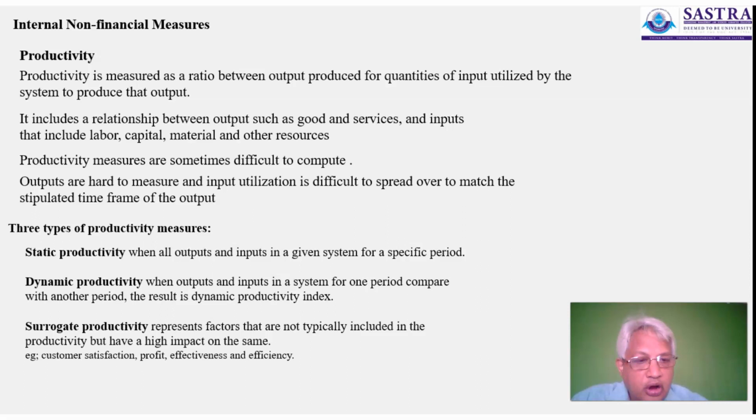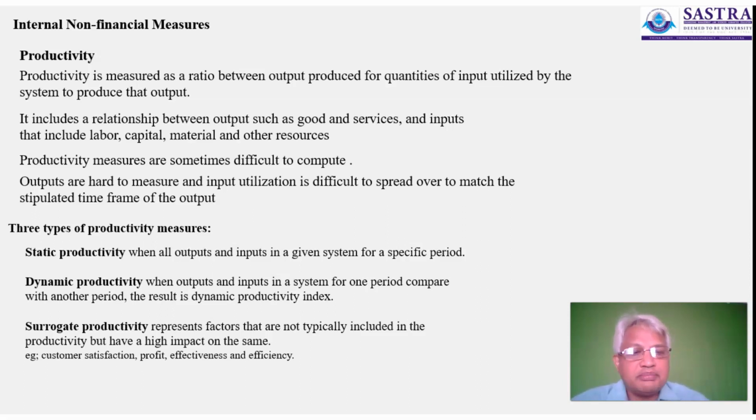The problem arises because the input is utilized by the system to produce that same output. The confusion arises in this form: how much input have you used to produce equivalent output? When you were producing an output of, let's say, X quantities, what are all the considerations that go into the inputs calculation is difficult to determine. But for our understanding currently, it's an output to input ratio.